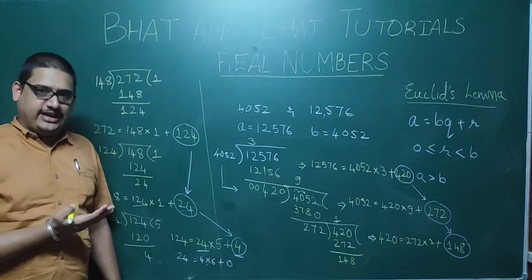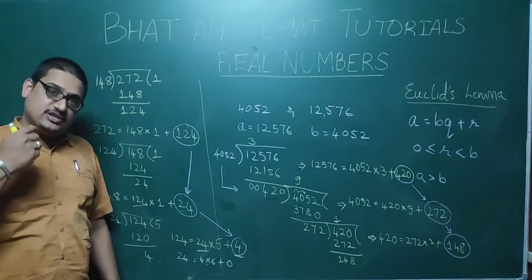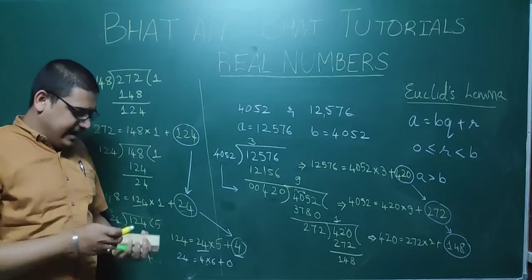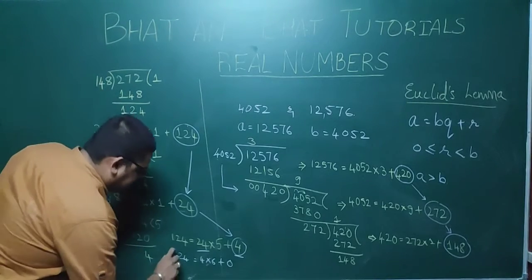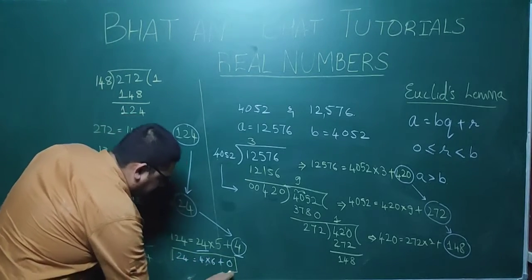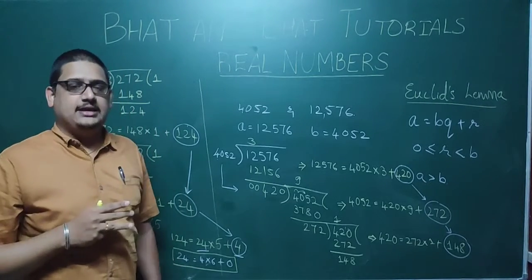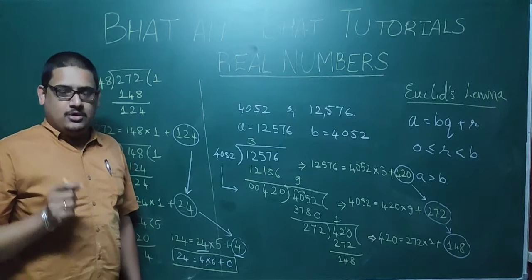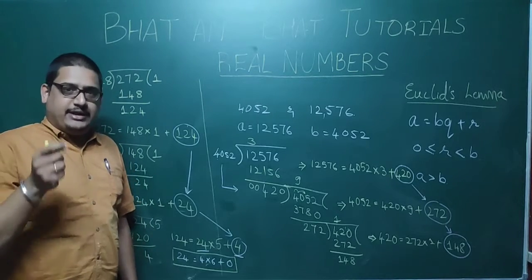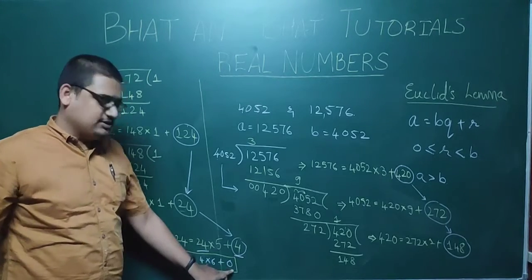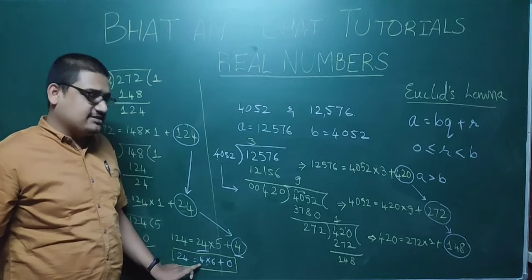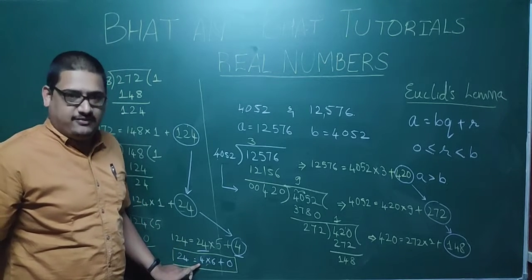Correct? 4 into 6 plus 0. So at this stage, when the remainder becomes 0, the divisor at that step becomes the HCF. Correct? That is what we studied under Euclid's division algorithm, step 3 of Euclid's division algorithm. What is that? The step in which the remainder becomes 0, the divisor of that step is the HCF.